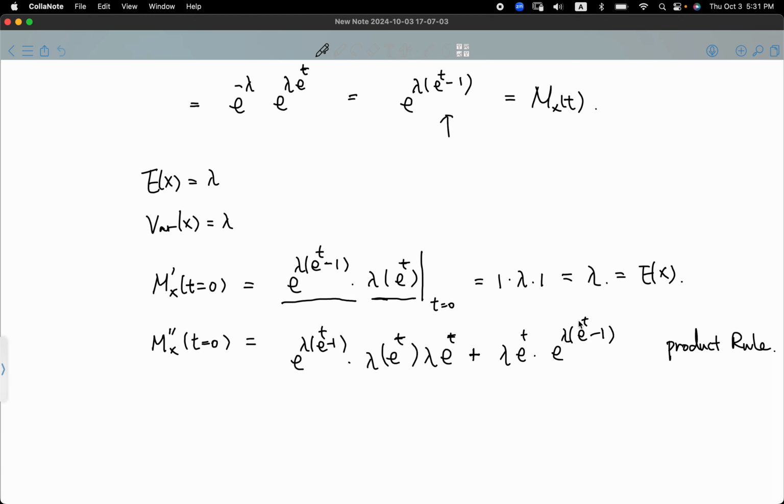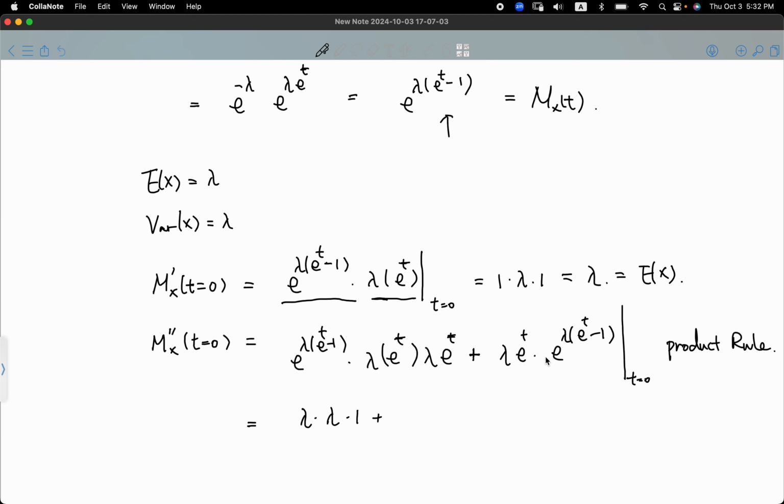Okay, then for the next step, evaluate the whole expression at t equal to 0. So let's see what we get here. If we plug in 0, this part we already evaluated, which is one copy of lambda. And then we have another copy of lambda from here, and this also reduces to 1.